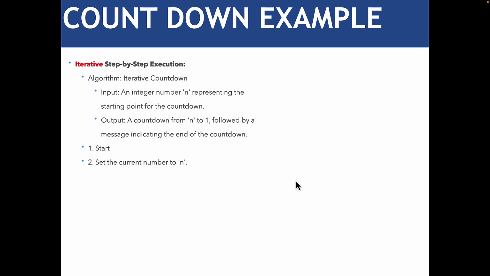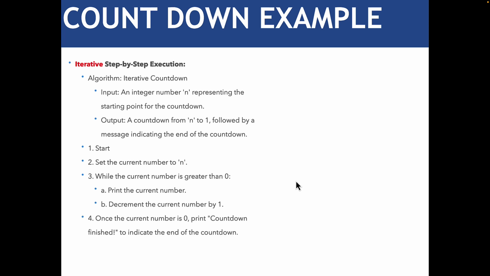So I start, I set the number n equal to 5. You will do while the number is greater than 0: print the current number, decrement the current number by 1. And once the number is 0, print countdown has finished. So this is the algorithm.